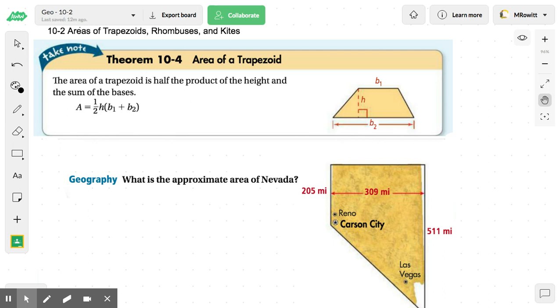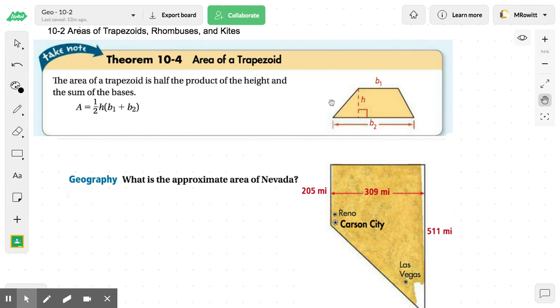So to find the area of a trapezoid, I need to find the sum of the two bases, right? A trapezoid has two bases. Just because one is on top doesn't mean it's the only base. The two parallel sides are the bases of my trapezoid, and I want to take the sum of those two bases, multiply it by a half, and the height.